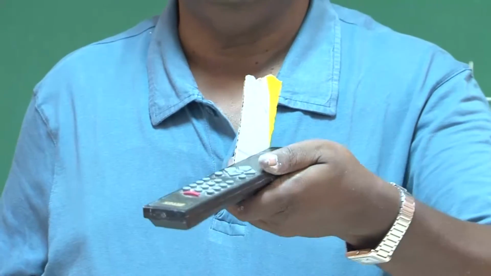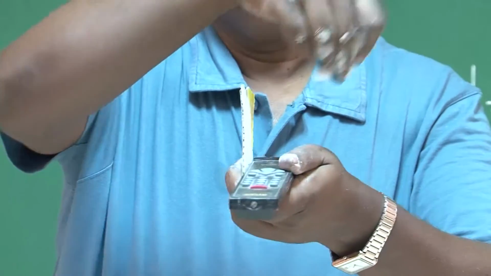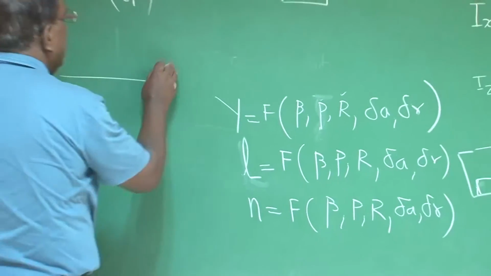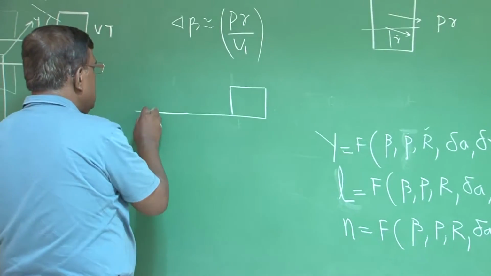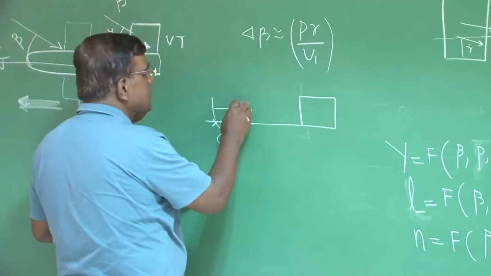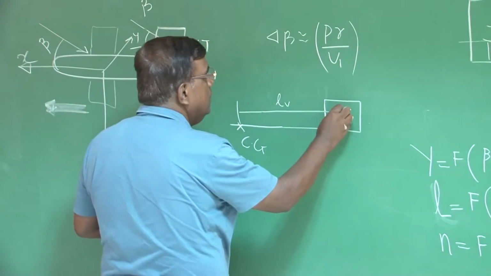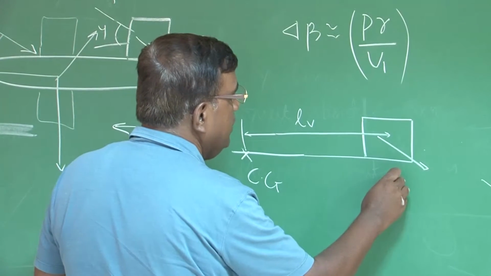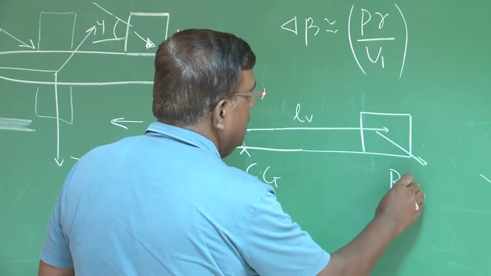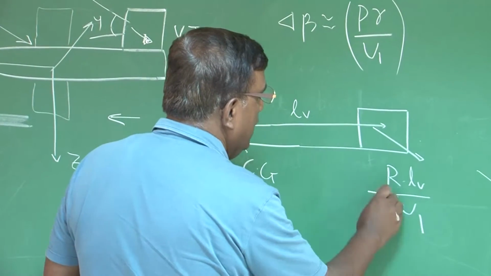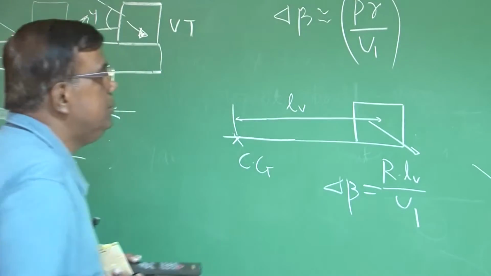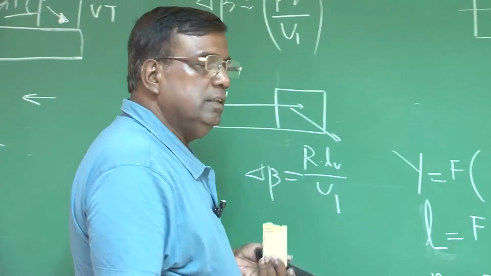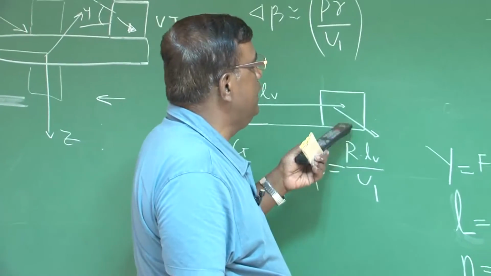As I rotate like this, you could see this vertical tail will be seeing relative air speed which is equal to, if I draw it like this and I say this is Cg and this length is, let us say, Lv, then there will be relative air speed which is r into Lv divided by u1, again that will be delta beta, right. So, since there is delta beta, and you know because of this there will be a side force.